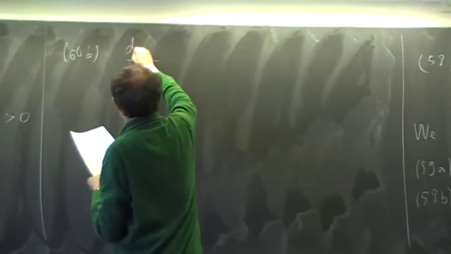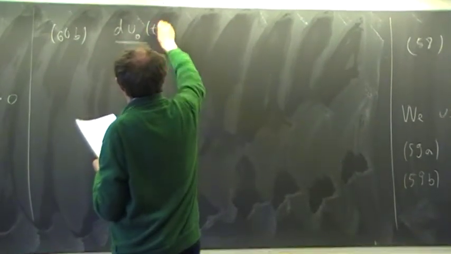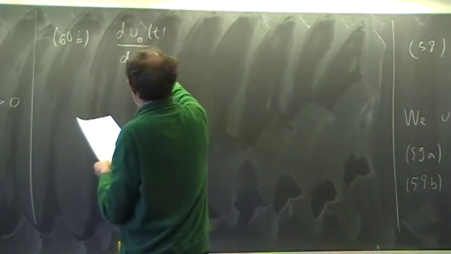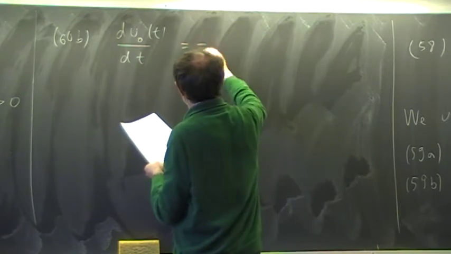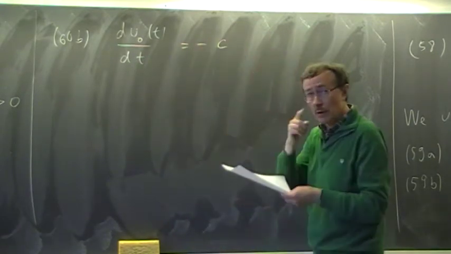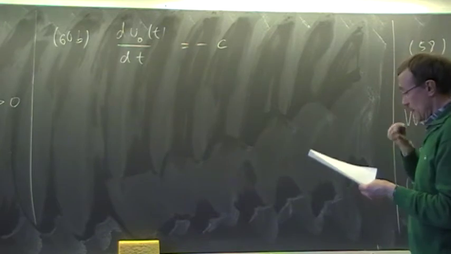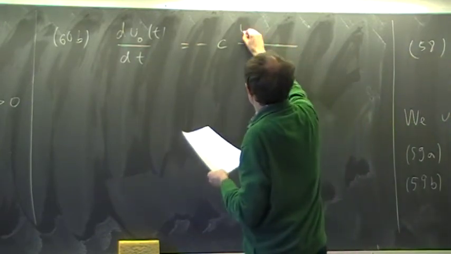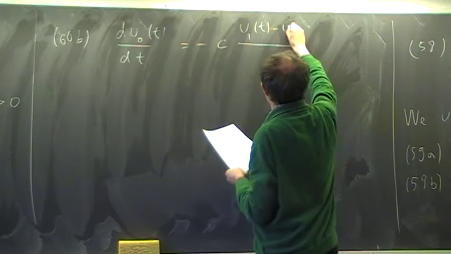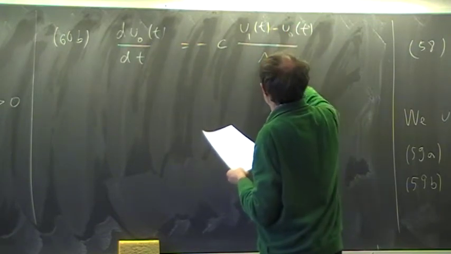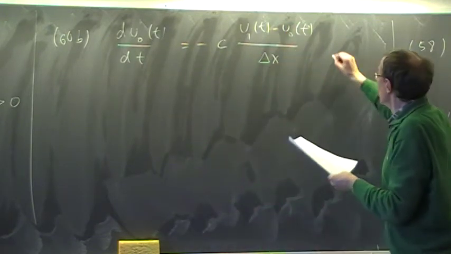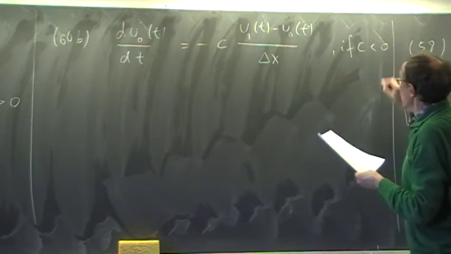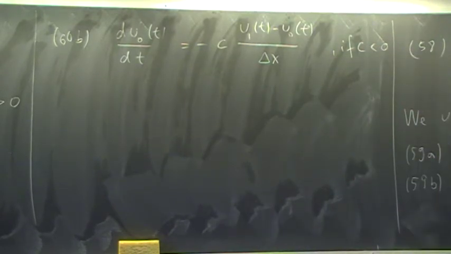Then we would have to do a similar approximation at the left boundary. And there we would use the upwind scheme that you studied in exercise 6. That is the u1 of t minus the u0 of t divided by delta x. That would be if c is negative. So then we have everything well defined, both for the case advection from left to right, c positive, and for the other case also.